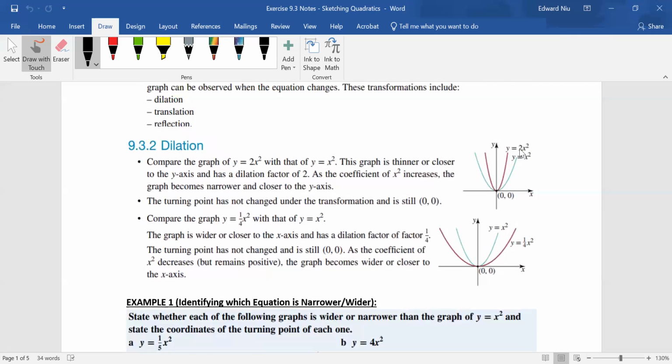So if it's any whole number that's greater than 1 or less than -1, we're going to have a narrower dilation. If we have any fraction that's in the positives or negatives, we're going to get a wider dilation.